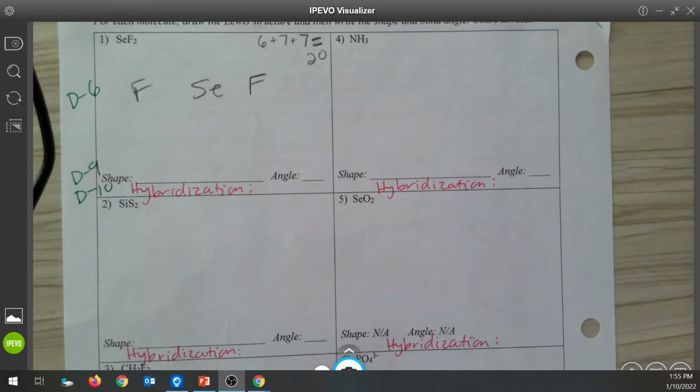You can look back at this, it will help you figure it out. So how many satellite atoms are around the central atom and how many upstairs?